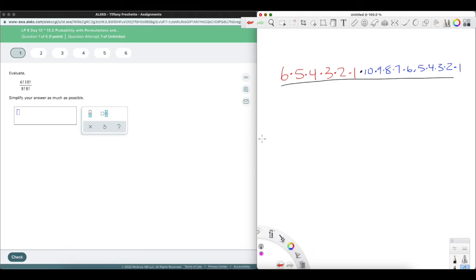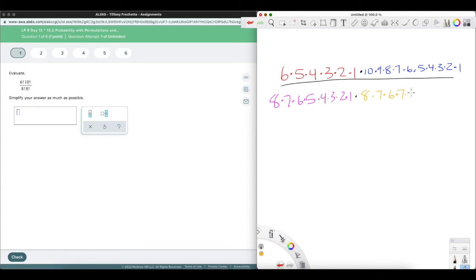So I have 8, 7, 6, 5, 4, 3, 2, 1. And then I'm going to do the same thing with the second 8 there. I guess I'll go with yellow. 8, 7, 6, 5.